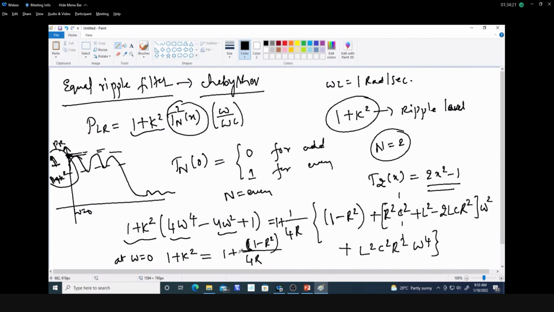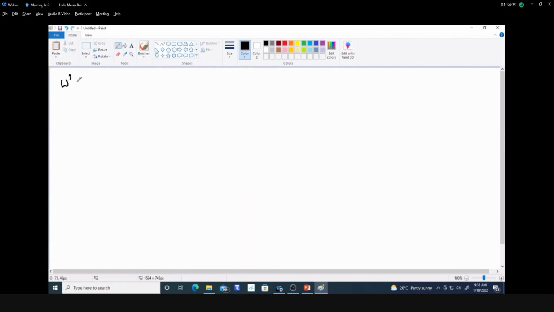If we equate the omega power 4 and omega square terms correspondingly in these expressions, then you will again get the k value. This is what we get if I equate at omega equal to 0. Similarly, if I equate the omega square and omega power 4 terms, you get the k value, that is 4k square, which we can get as 1 by 4r into l square c square r square.